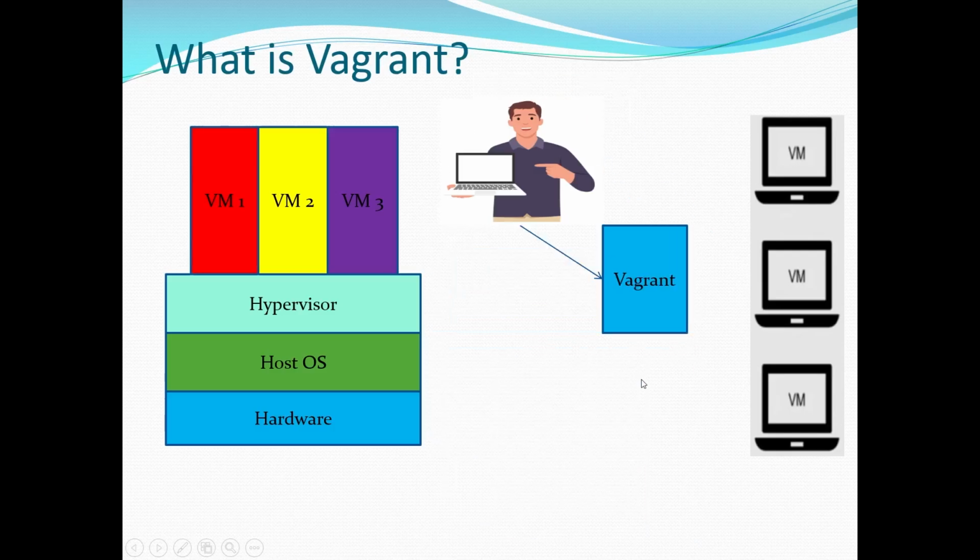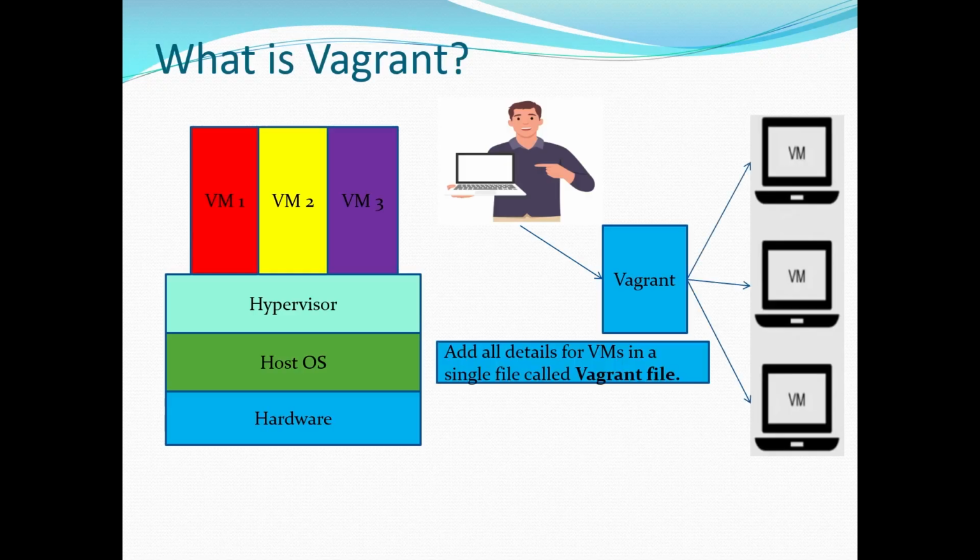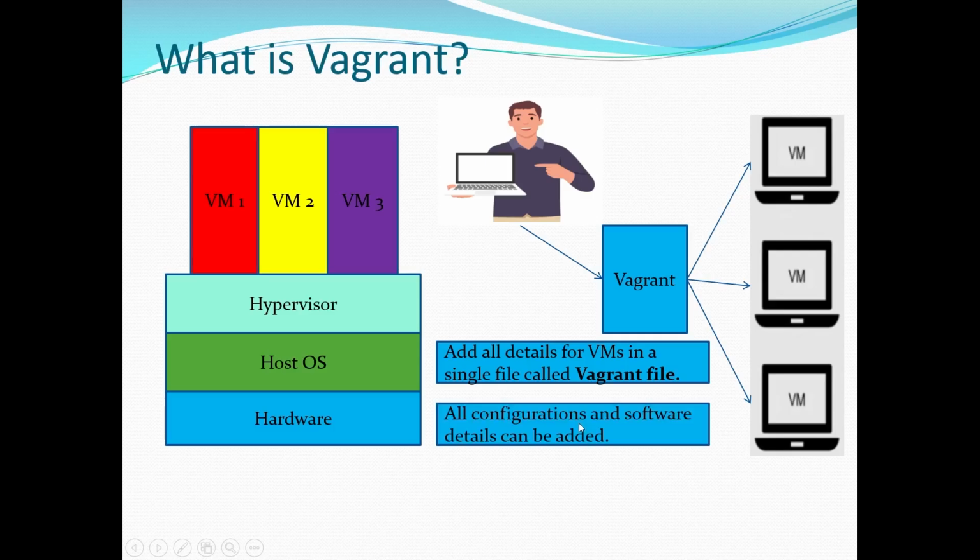So therefore, we use a provisioner called Vagrant. Vagrant is also an application that helps to run different kinds of virtual machines on top of our own operating system by using a file called Vagrantfile. You can see all the details for VMs in a single file. That Vagrantfile will have all the configurations, and software details can be added.